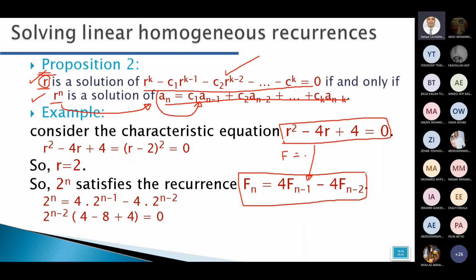This minus becomes plus, for this fn minus 1. Plus, when it goes there, it becomes minus, minus 4 multiplied by fn minus 2, and so on.